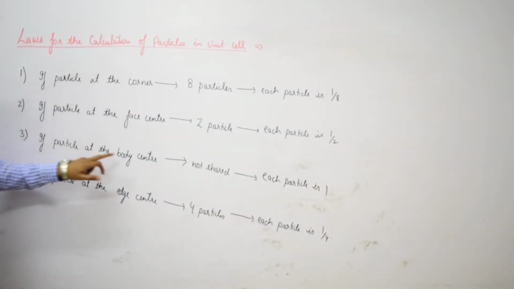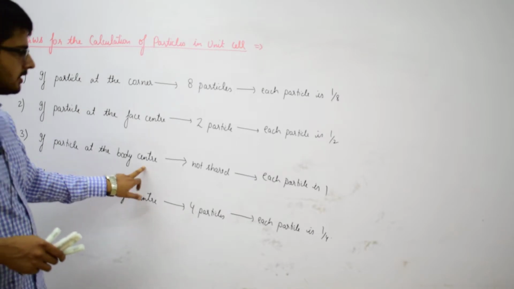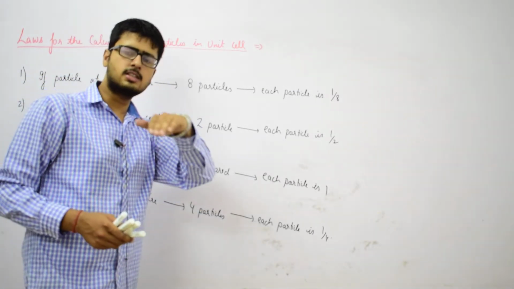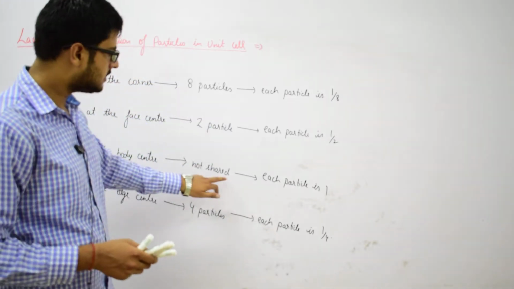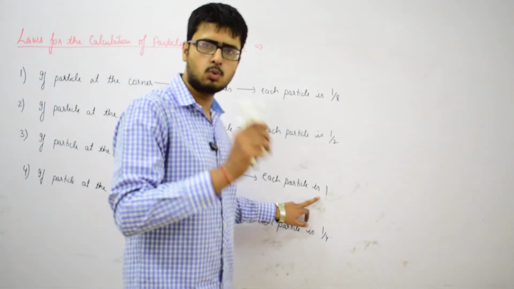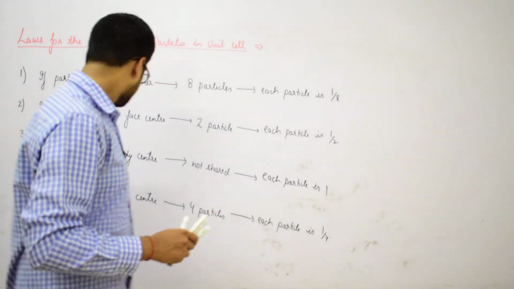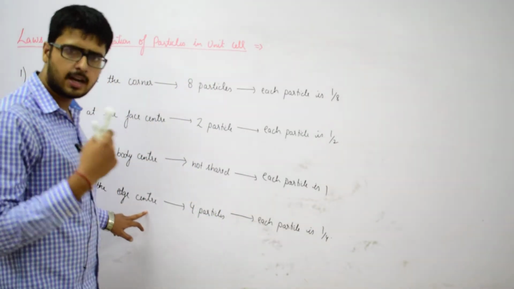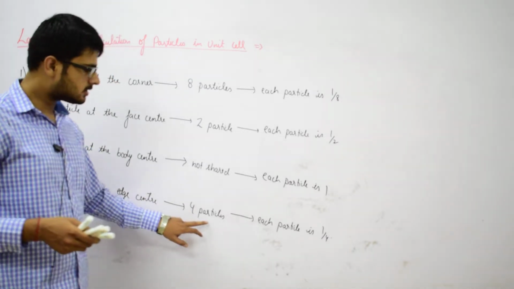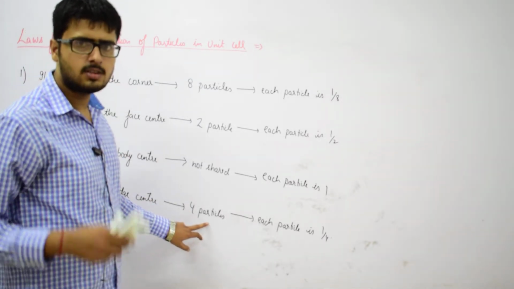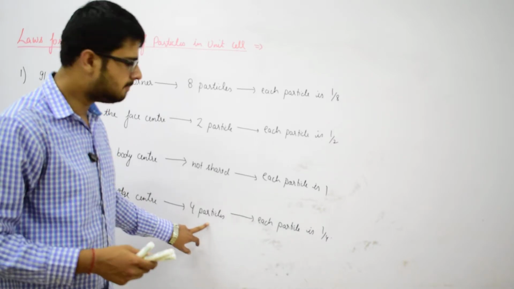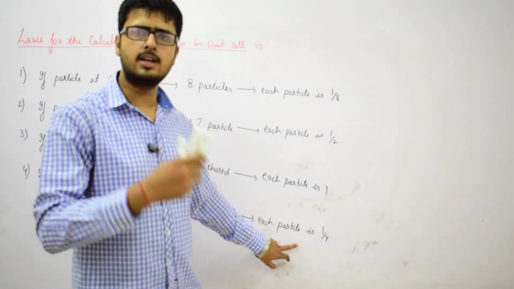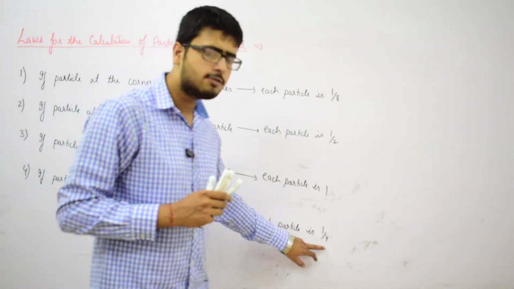If the particle is present at the body center, then it is not shared by any other particle, means it belongs only to that particular unit cell, and hence its contribution is 1, complete 1. And fourth one, if the particle is present at the edge center or the end centered, then it is shared by 4 other particles of the same unit cell or different unit cell, and hence each particle which is present at the edge center or end centered has a contribution of 1 by 4.